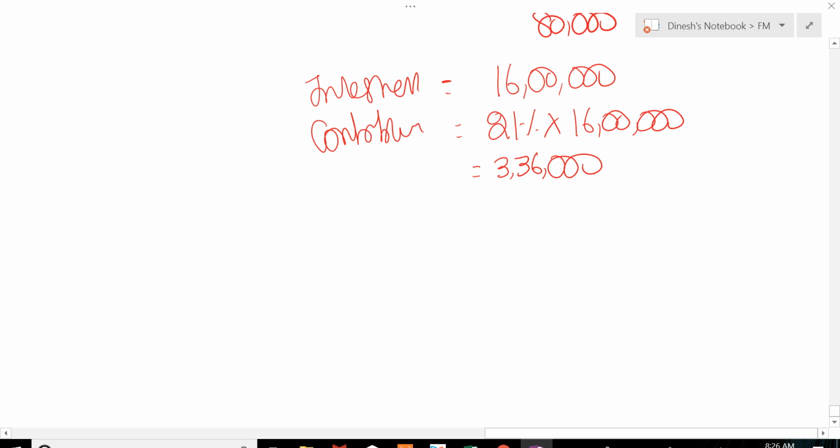Any doubts on this? Now this is my full year contribution. Normally ROI is for a year. So 3,36,000 is what you need for the entire year. In a month, how many units are we selling? 1,500. So contribution per unit is equal to 336,000 by 1,500 into 12.